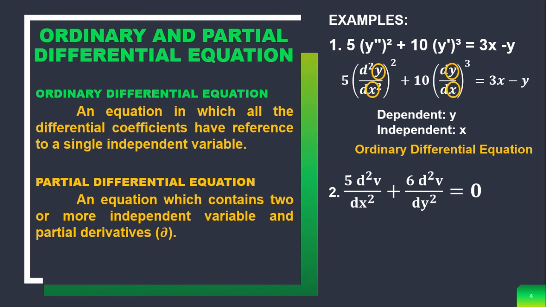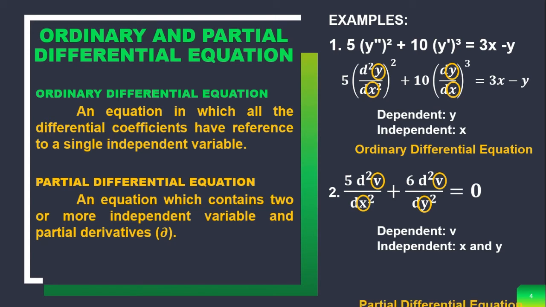Our dependent there is v and our independent are x and y. So we can conclude that this example number 2 is a partial differential equation since it has two independent variables.